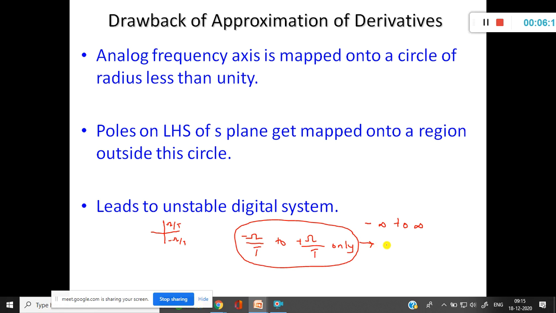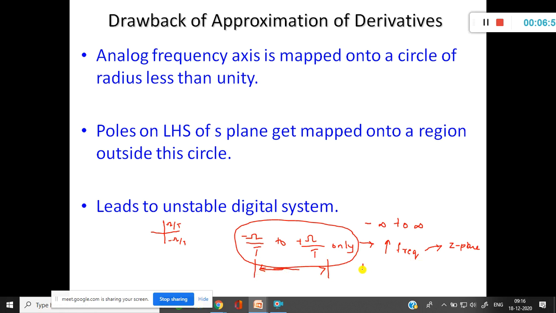Which means that the higher frequency components were not able to be mapped on the Z plane. Because I was not mapping my frequency from minus infinity to plus infinity, I was mapping only some range of frequencies, only a few range of frequencies that I could map on the Z domain.